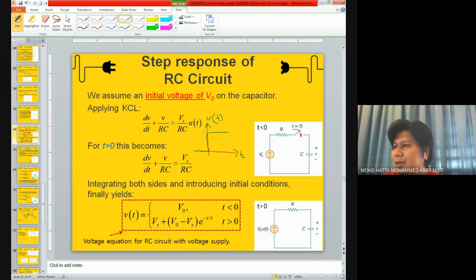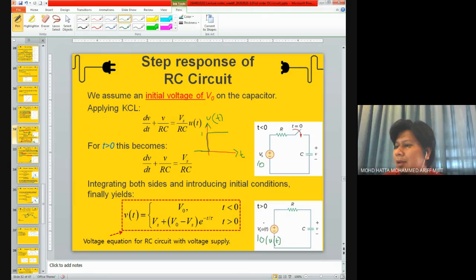The value of u of t over here should be 1, a unit step. So let's say this one is 10; this value should be 10 times u of t.